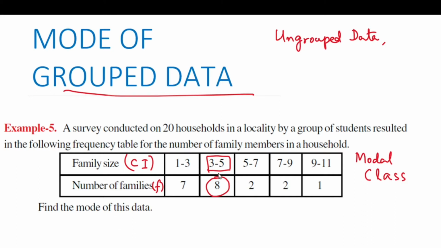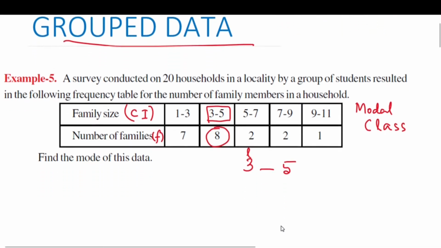In this modal class 3 to 5, the modal observation may lie somewhere between 3 and 5. It may be nearer to 3 or nearer to 5. So we have to find at how much distance from this lower limit the value exists. The lower limit of the modal class is denoted as L, and the size of this modal class is denoted as h.